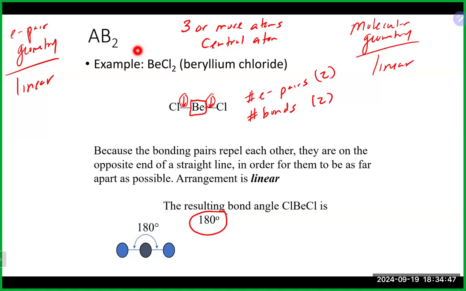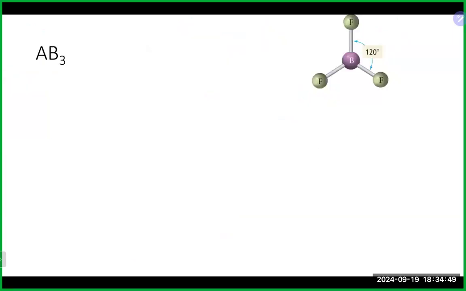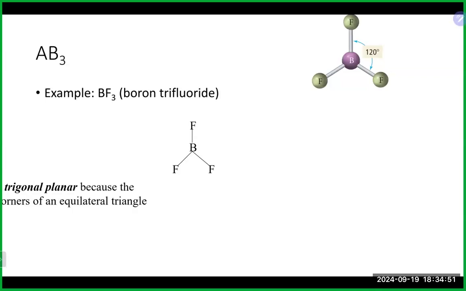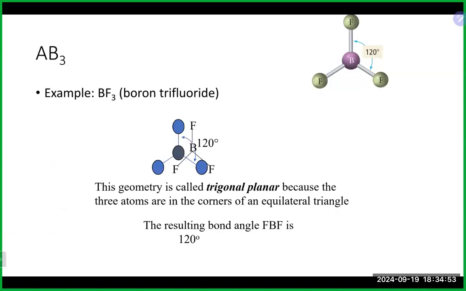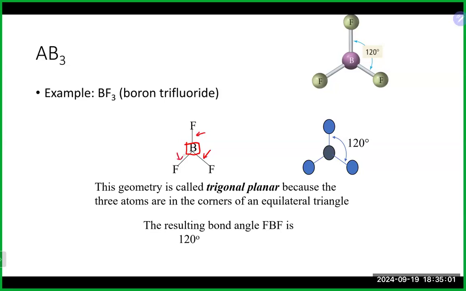The next geometry is one where we have a central atom and three things attached, like in boron trifluoride. This is also an incomplete octet. If we take a look at our central atom, we have 1, 2, 3 electron pairs. We also have 1, 2, 3 bonds.